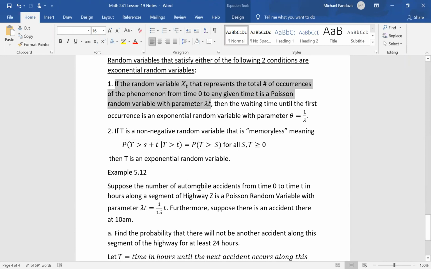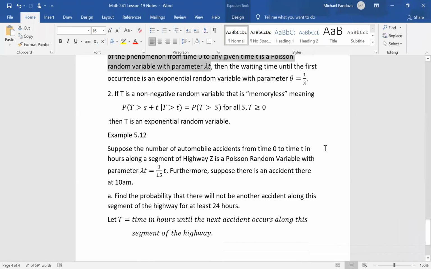And so the number of this phenomenon from 0 to t is a Poisson random variable with parameter lambda t, right? And so we want to find the probability there will not be another accident along this highway for at least 24 hours. So the waiting time until the first occurrence is your exponential random variable with that parameter.